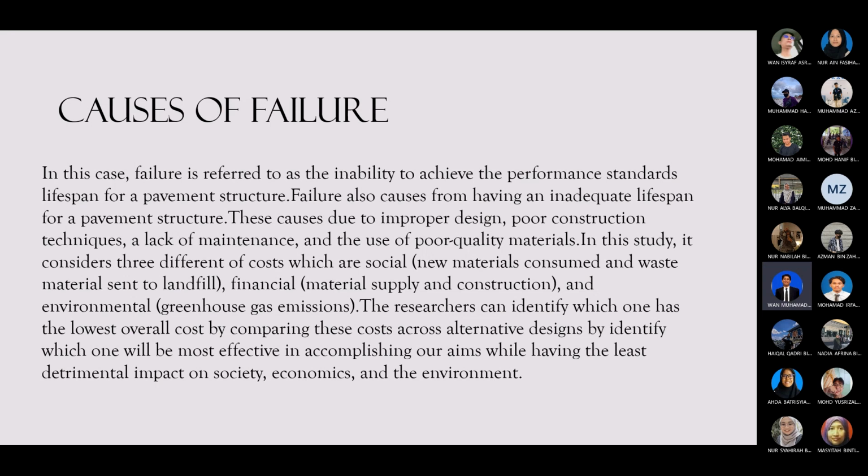Failure also comes from having an inadequate lifespan for a pavement structure. This is because of improper design, poor construction technique, lack of maintenance, and the use of poor quality material.